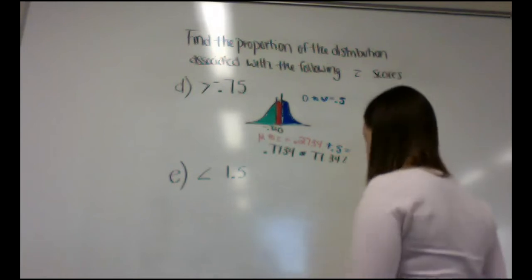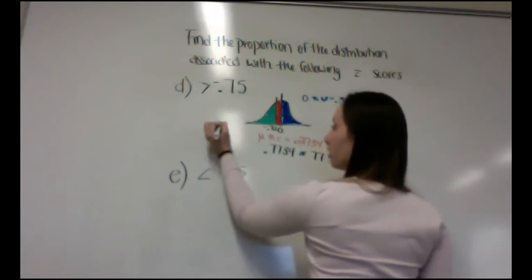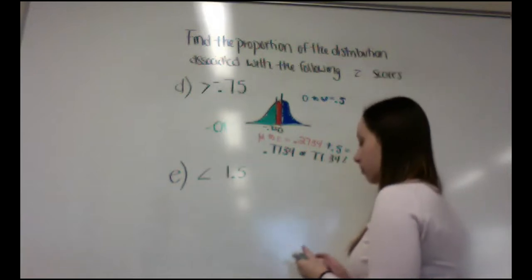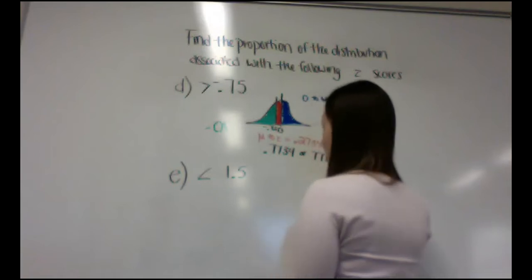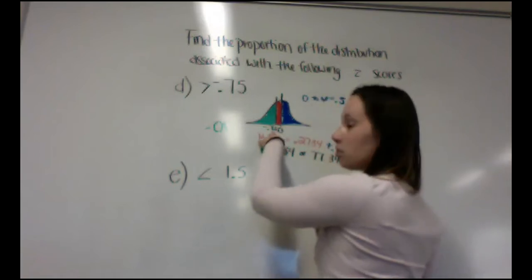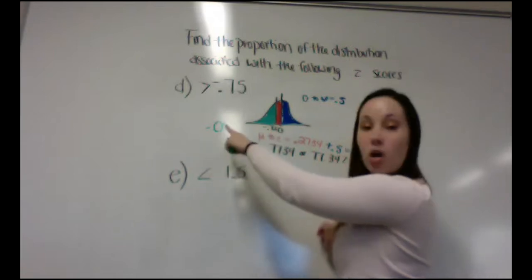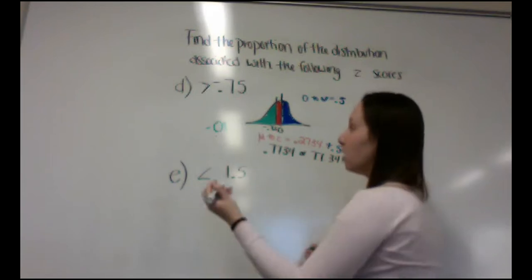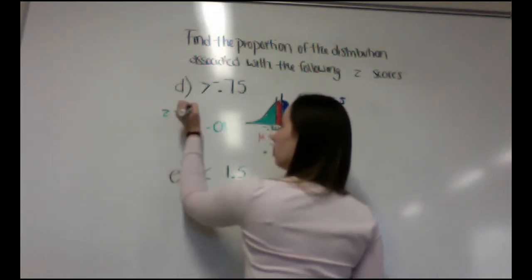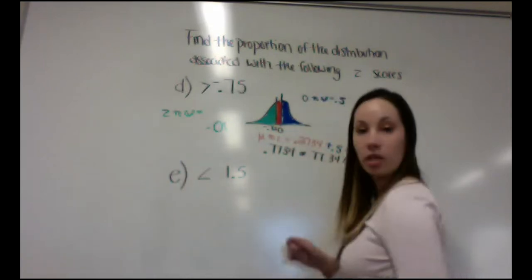So another way you can work this is by finding z to infinity on the left side, so 0.75 to infinity on the left side, and subtracting that from 1. So here we can go z to infinity for 0.75 to give us the green piece.